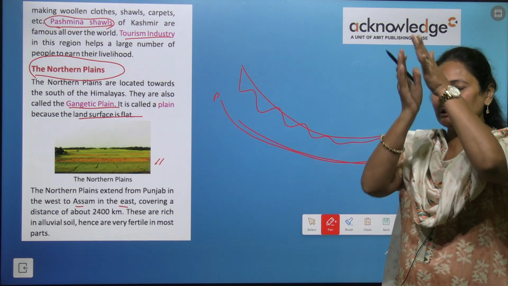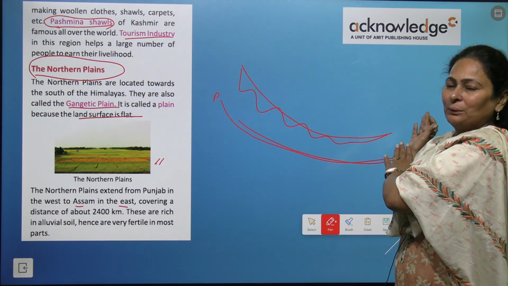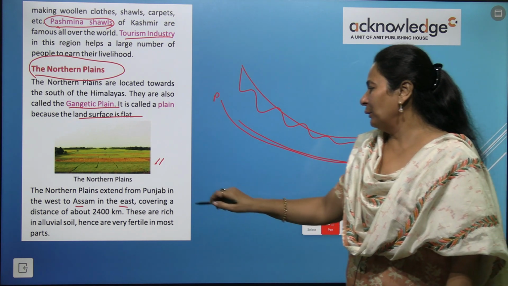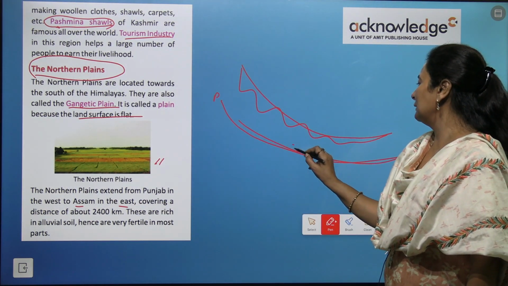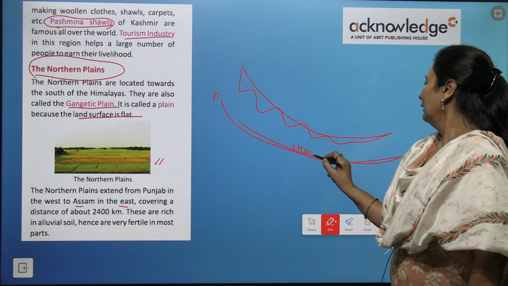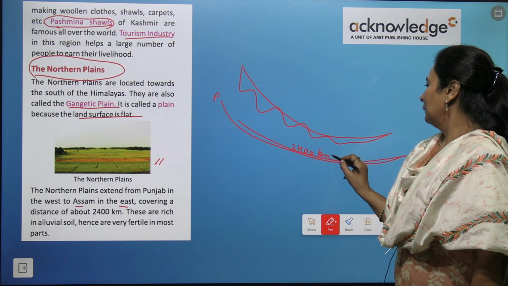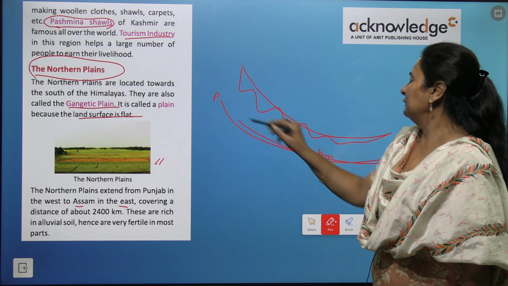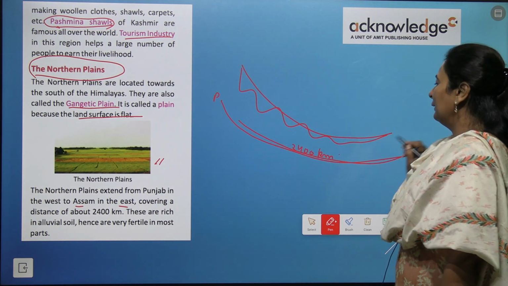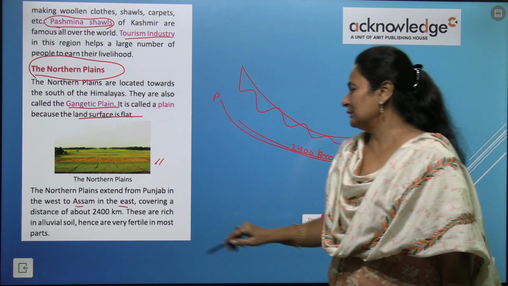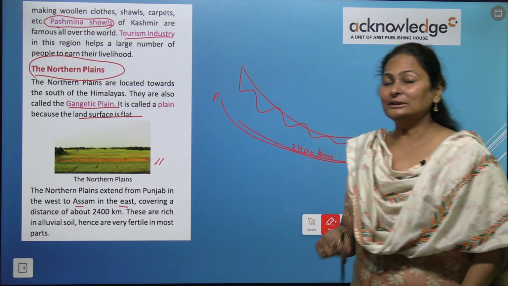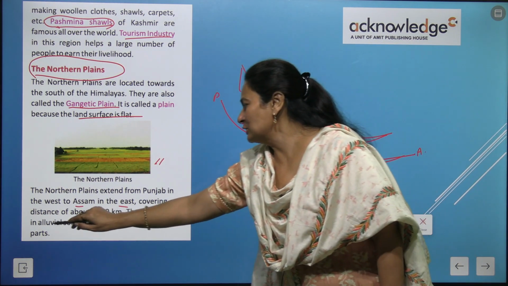So it stretches from Punjab to Assam. Very good. Covering a distance of about 2,400 kilometers. You can say the distance between Punjab and Assam is 2,400 kilometers.